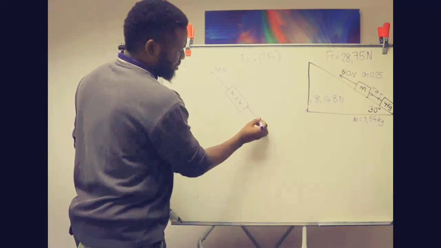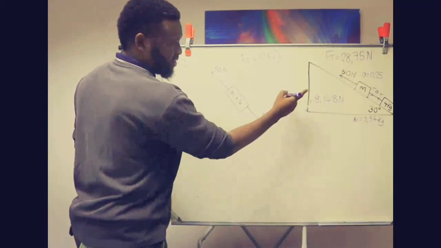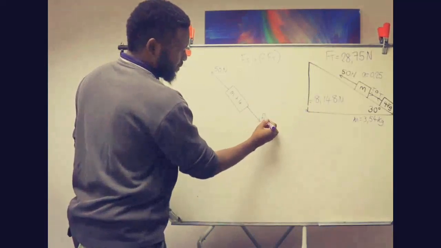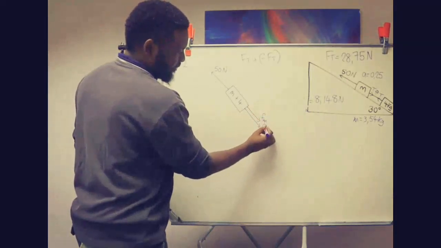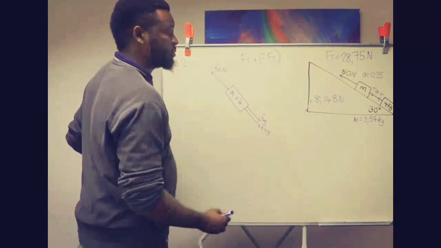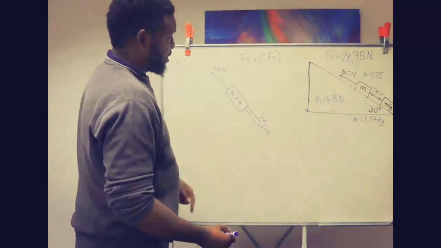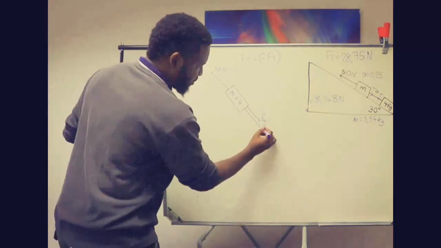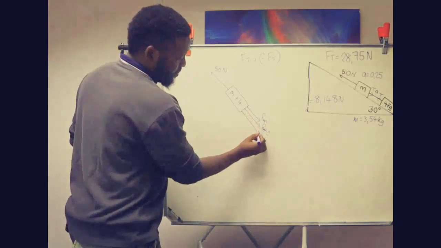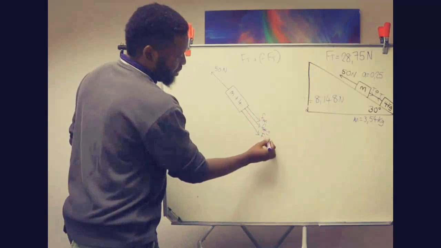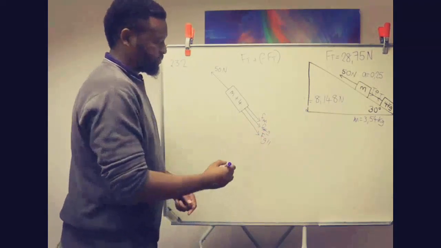We're going to have friction of M. We're also going to have friction of the 4 kg. Then we're going to have the combined Fg parallel of this system.